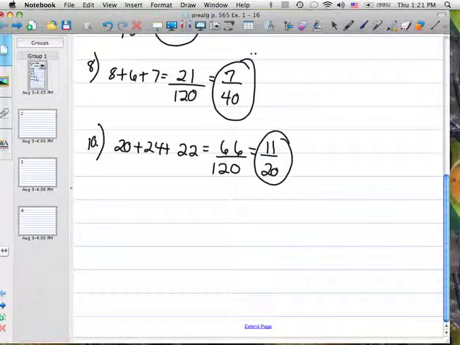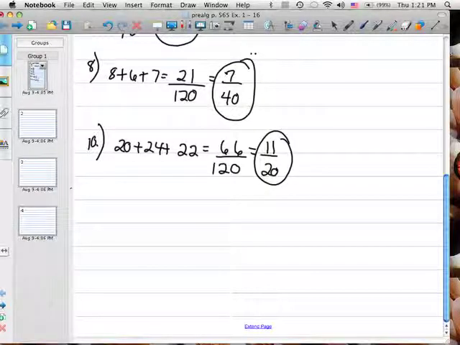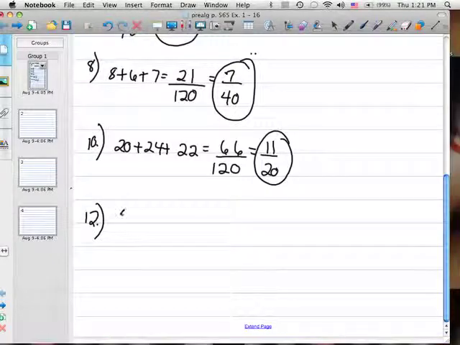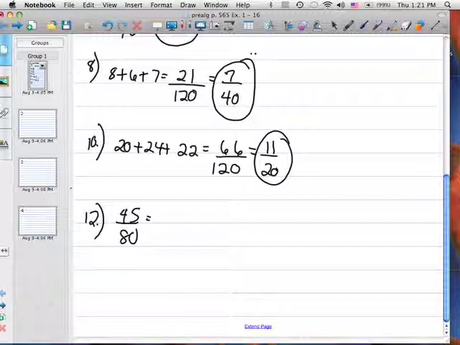The second part, the table below shows Stan's result when he tossed a bottle cap 80 times. We're going to use that result to find each experimental probability. So number 12, the probability that landed up was 45 out of the 80 times. And 5 goes into 45 nine times, and into 80 sixteen times.